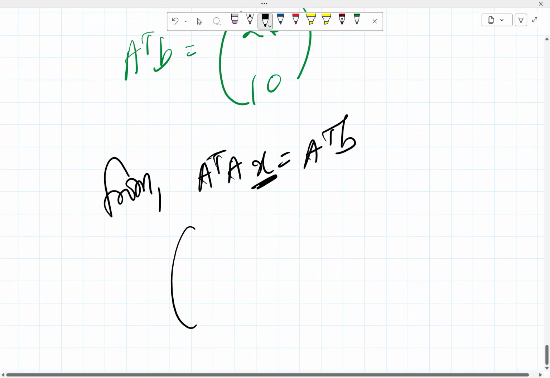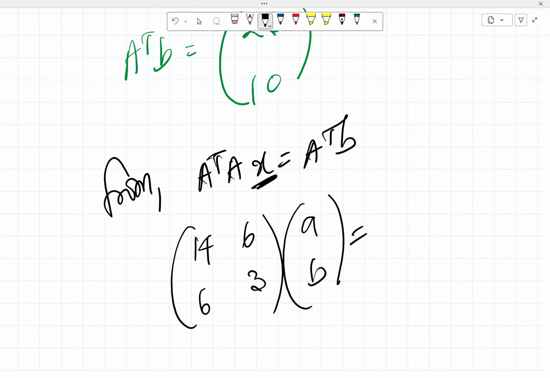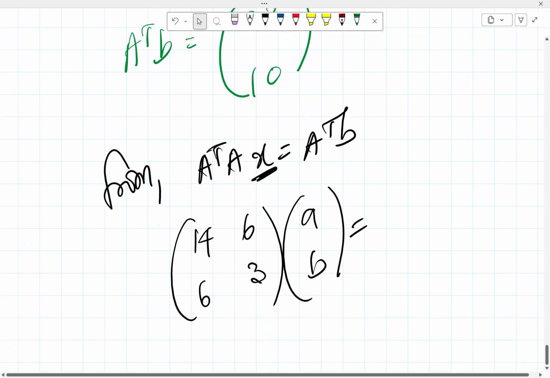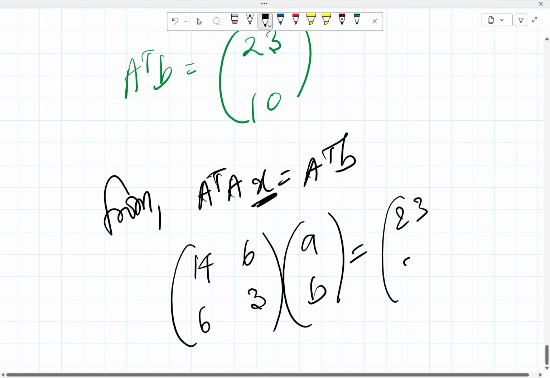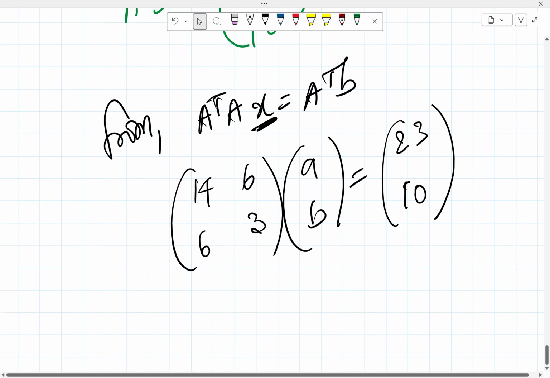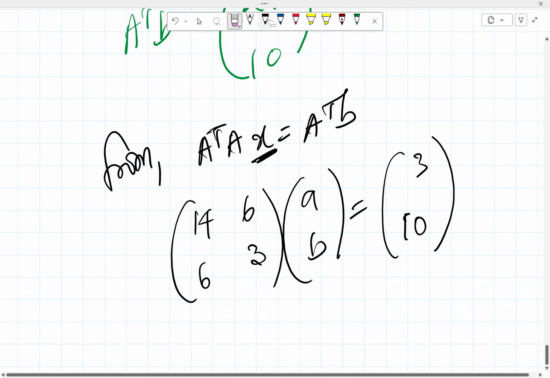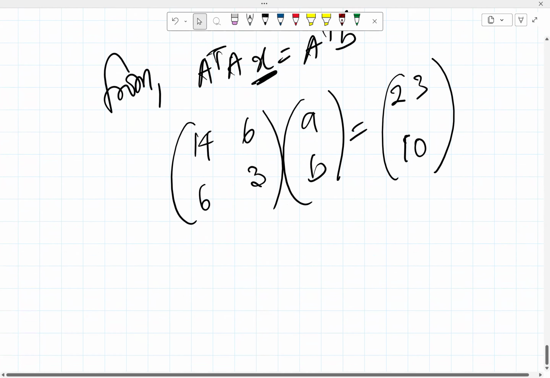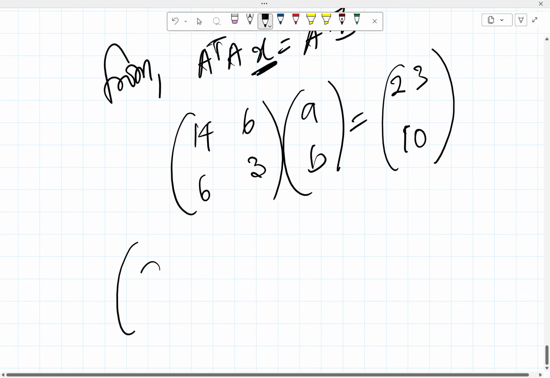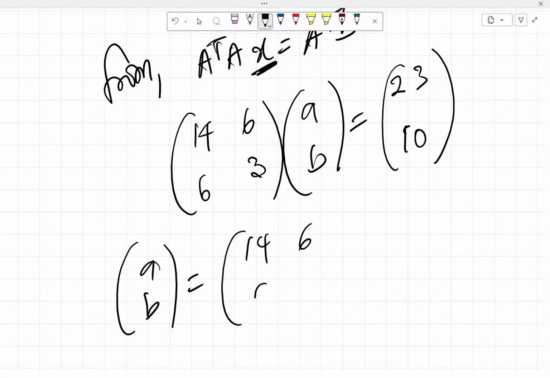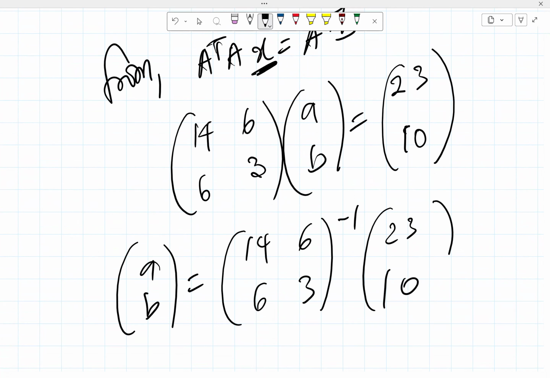So we have 14, 6, 6, 3 multiplied by A, B, and this A transpose B also is 23, 10. Okay, so this is 23, 10. Then we need A, B, which is simply the same thing as 14, 6, 6, 3 inverse multiplied by 23, 10, like this.